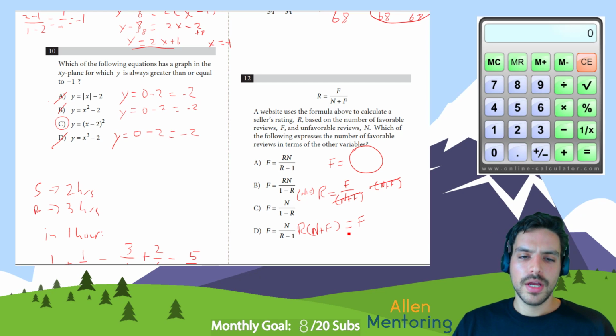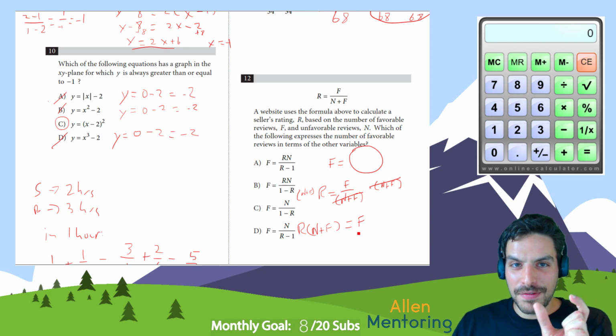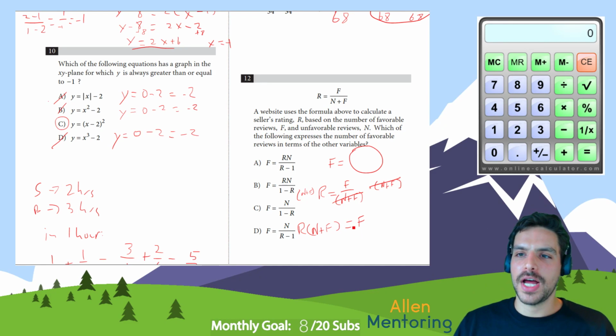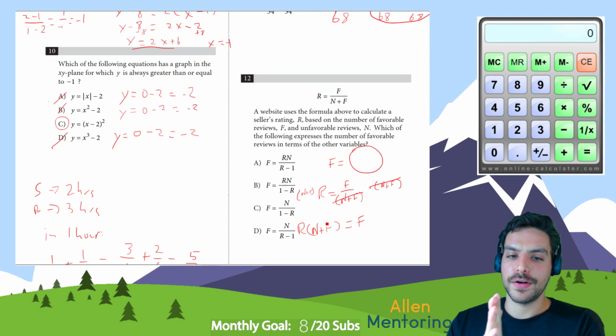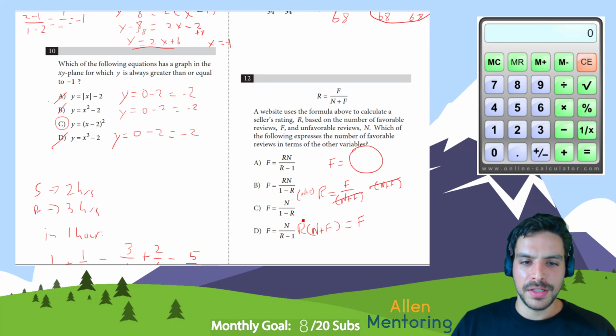So far so good. But look, I have F on both sides, right? How am I going to isolate one of those? I just need to isolate a single F and have everything else on the other side. So in these types of problems, what you want to do is distribute and get all of the F's on one side first. Okay, so in my case, I'm going to distribute R to both of these.